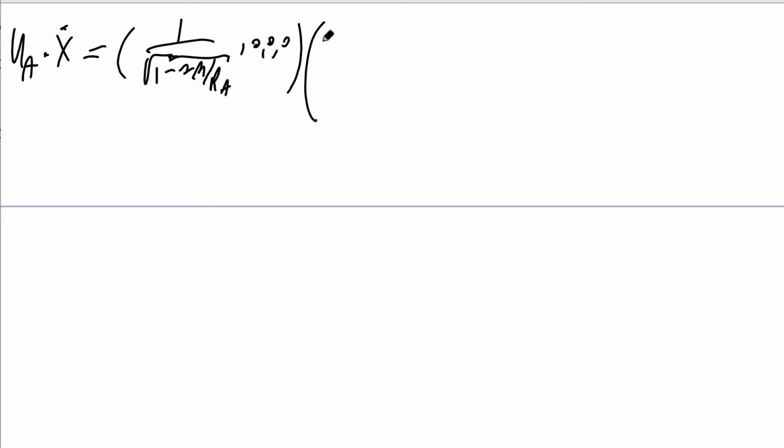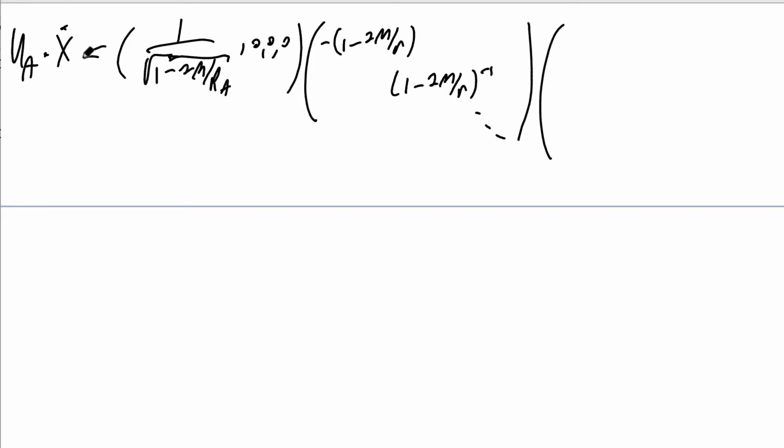The metric is minus (1 minus 2m over r) is the 0,0 component. The 1,1 component is (1 minus 2m over r) inverse. And then we have the other components, and all of the off-diagonal terms are 0. And then X dot has 0 component e divided by (1 minus 2m over r) of lambda, and e, 0, 0.